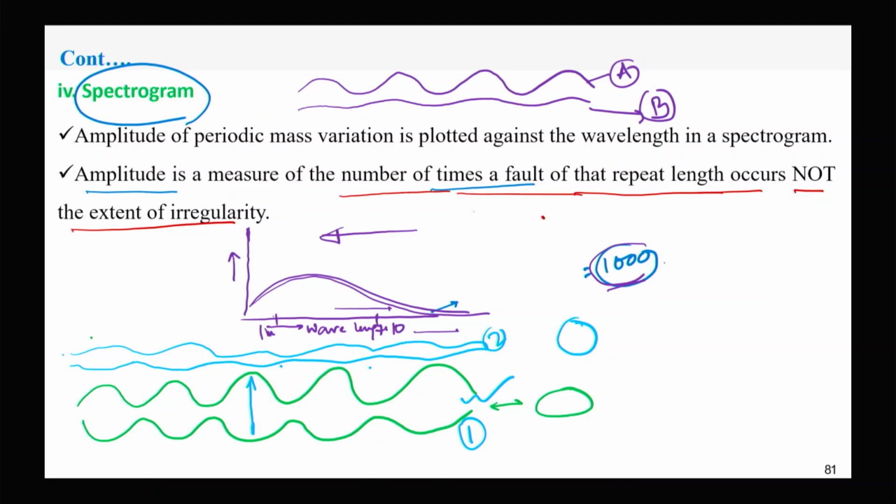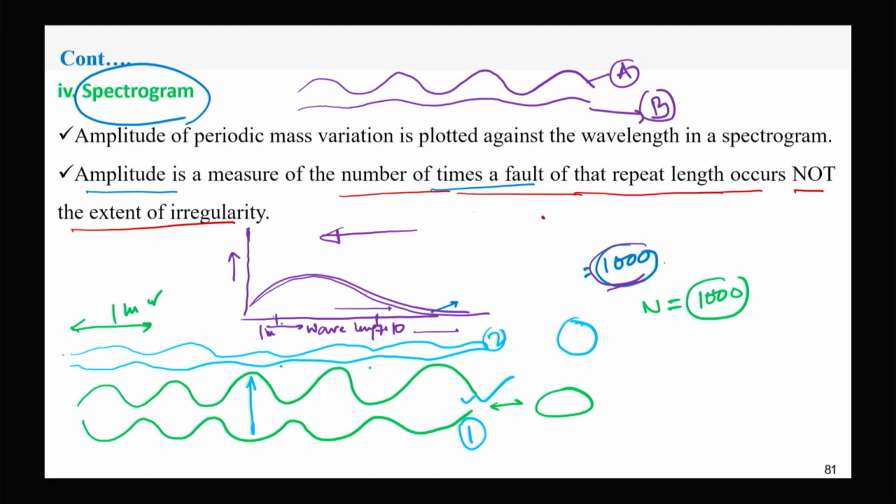But if we test, the wavelength of these two yarns is 1 meter. If we test these two yarns, the number of repeats will be 1000, at 1 meter, thousand times it's repeating.